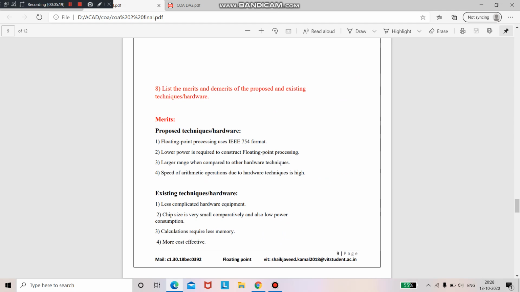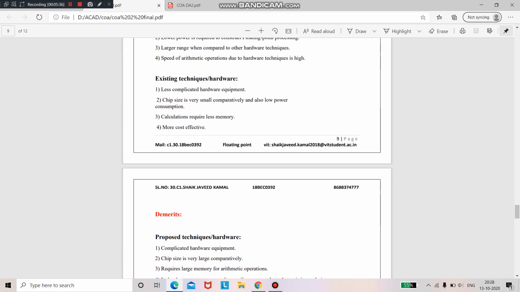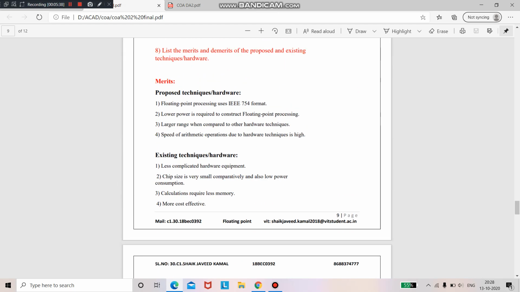Now coming to the eighth question, list the merits and demerits of the proposed and existing techniques. There are merits in both the proposed and existing hardware techniques, and there are demerits also. I'll go one by one. From what I have seen in Google and my journal paper, in the proposed technique hardware, floating point processing uses the IEEE 754 format.